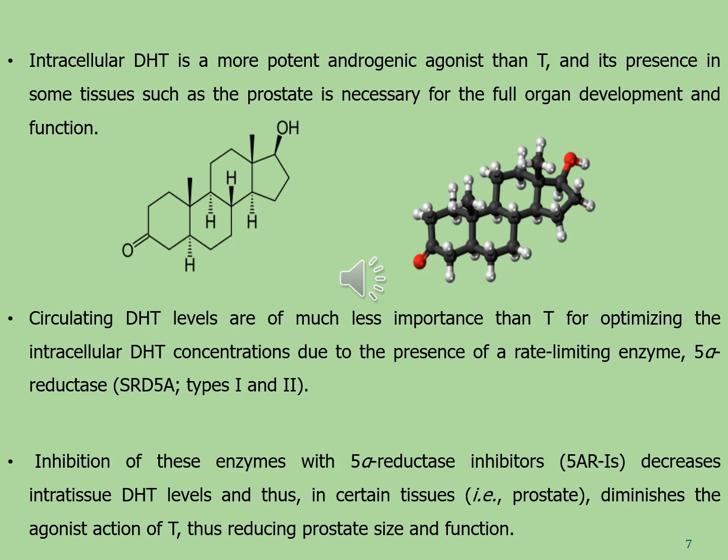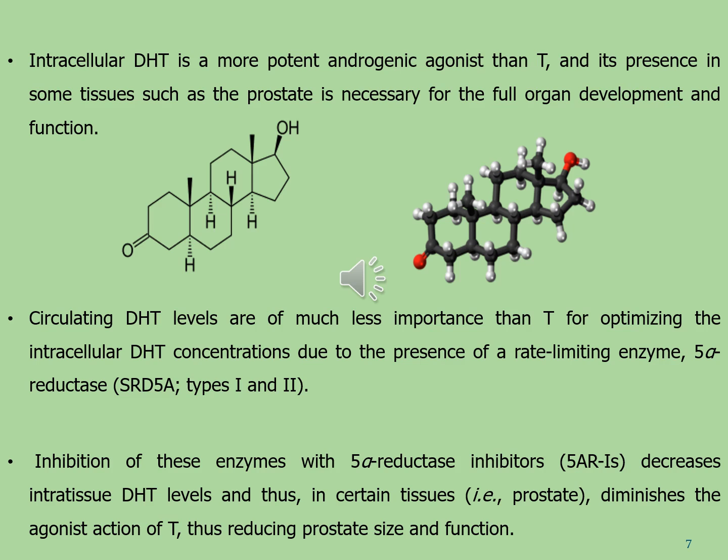Inhibition of these enzymes with 5-alpha reductase inhibitors decreases intratissue dihydrotestosterone levels, and thus in certain tissues, that is prostate, that diminishes the agonist action of testosterone, thus reducing prostate size and function.